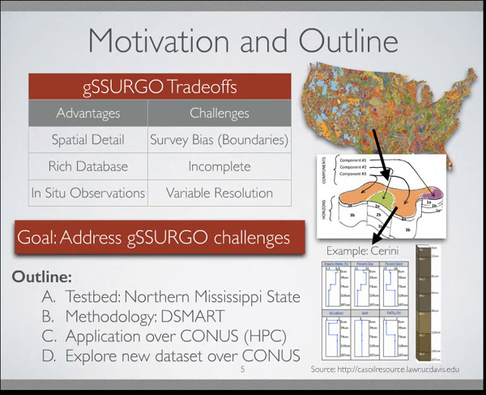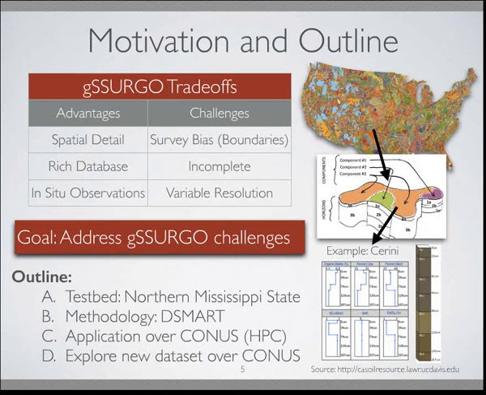But the challenges are these three key ones: the survey bias due to the boundaries, spatially incomplete, i.e. I'm just missing data, and this variable resolution: in many places I'll have coarse polygons, while others will be much finer. So if I'm going to be able to use this, I need to address those three challenges. And that was the main objective of this entire project.